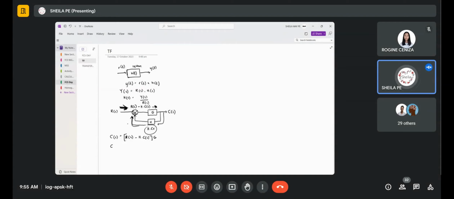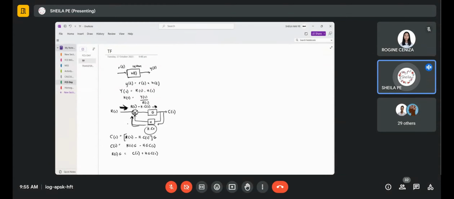Okay, now simplifying that one, we have R(s)G minus H G C(s). Okay, so getting the R(s), that's C(s) plus H G C(s).